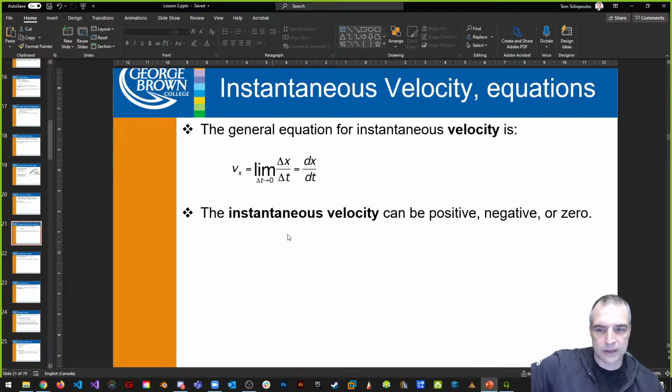So the instantaneous velocity can look like a limit. And for those people who forgot what limits look like, it's read like this. The velocity across the x-axis, this is how you read it, is equal to the limit as the change in time approaches 0, right? So that means the instantaneous time, the time at that particular moment on the curve, right?